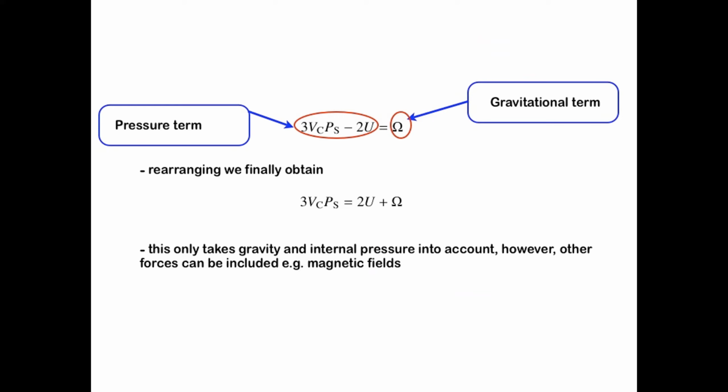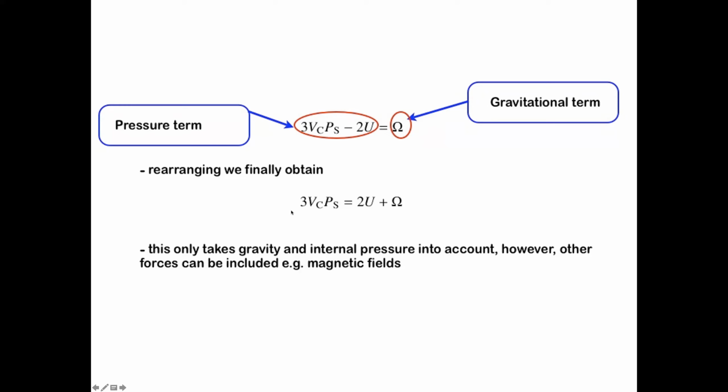So we have 3 times the volume of the cloud times the surface pressure minus 2 times the total kinetic energy, equal to the gravitational term. So we have a pressure term and a gravitational term. If we rearrange, we can just have 2U plus Ω equal to this value.